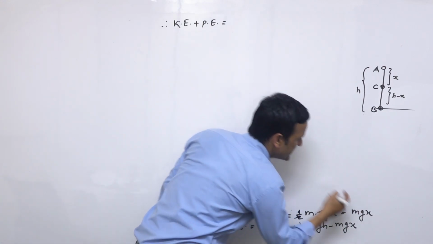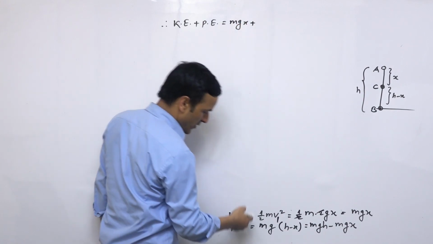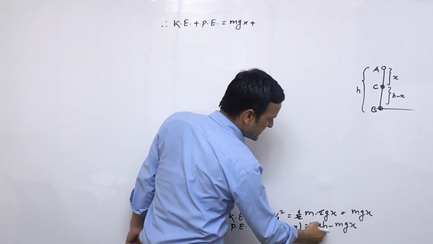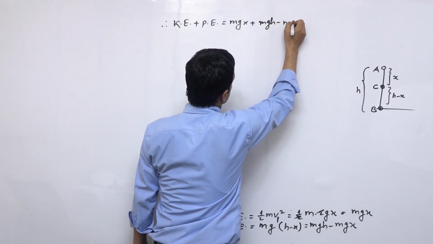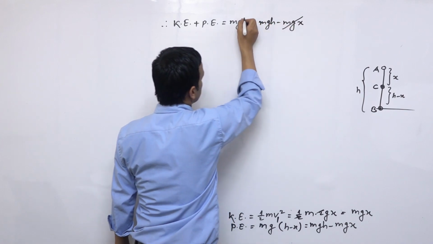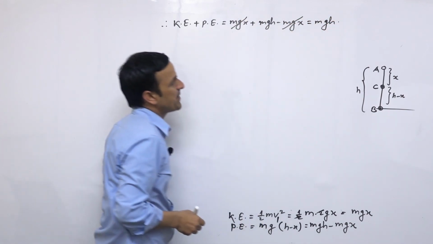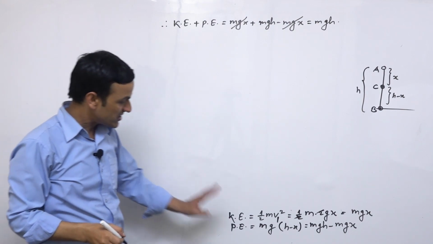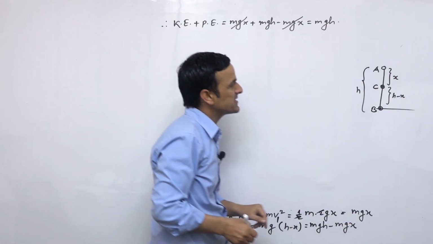The value of ke is mgx plus the value of pe is mgh minus mgx. mgh minus mgx, and mgx we can cancel. So finally we get mgh. So at this point C also we get the same term mgh.